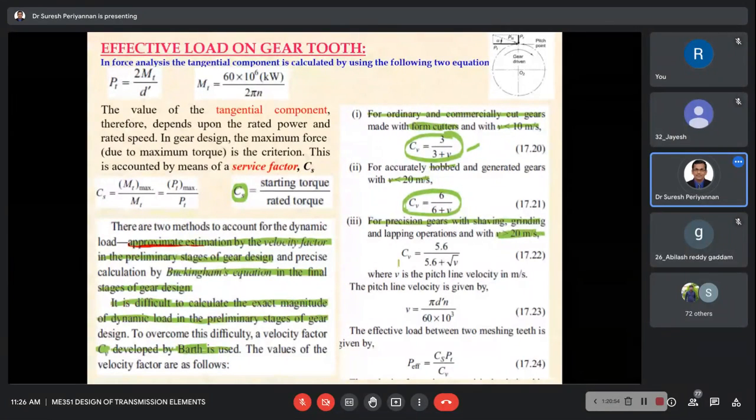Finally, this is CV. The velocity factor is equal to 5.6 divided by 5.6 plus root V. I mean, this was introduced by him, it has been verified, and finally we are using this concept directly.